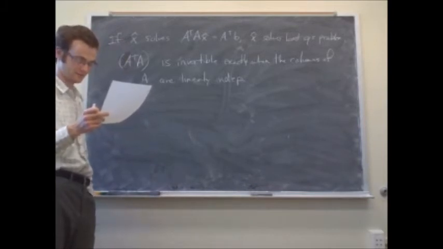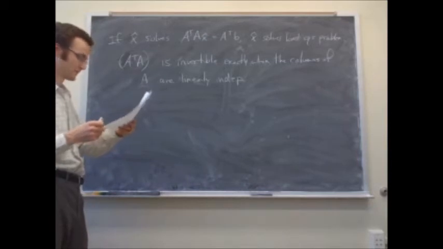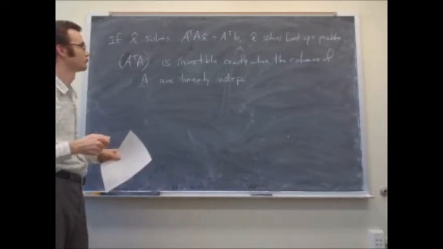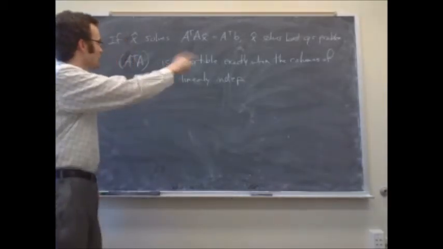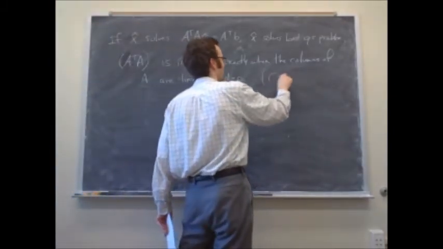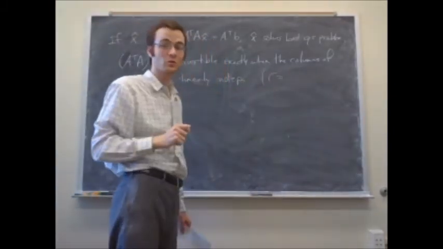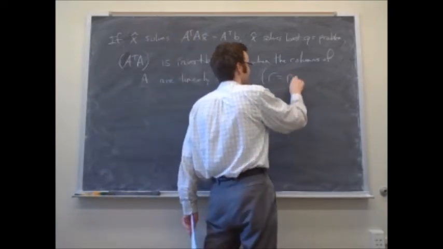Let's see. So, why is this? Well, remember, if the columns of A are linearly independent, that means that the rank r, by definition, has to equal n.